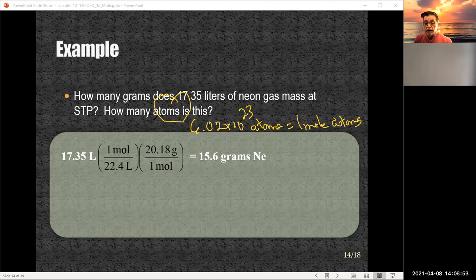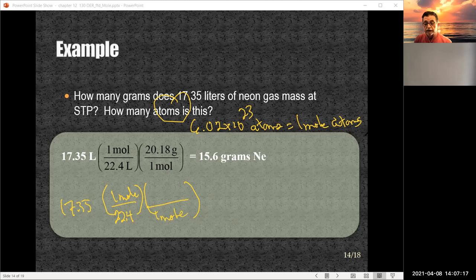And I'm still given 17.35. So it looks like everything here is the same for the first part, because I have to get to moles. Where we differ is the second conversion factor, because now I want the number of atoms. So I have 1 mole on the bottom.